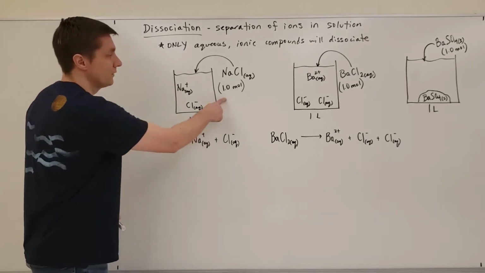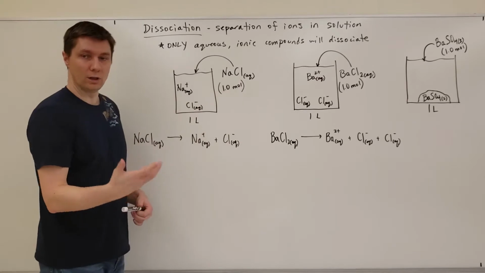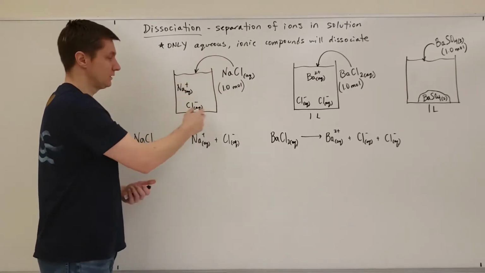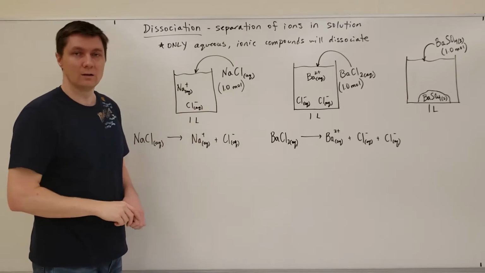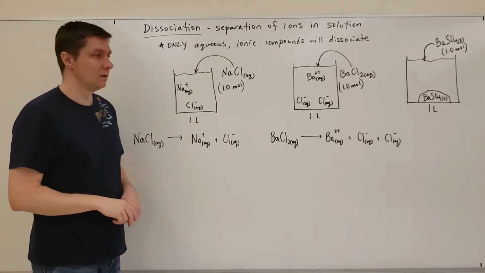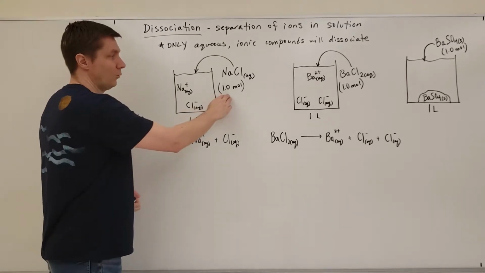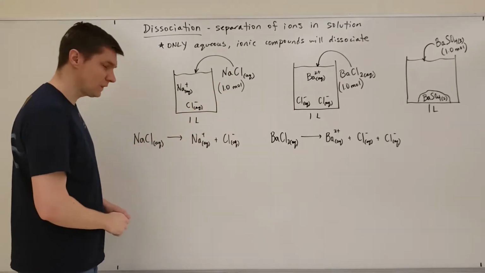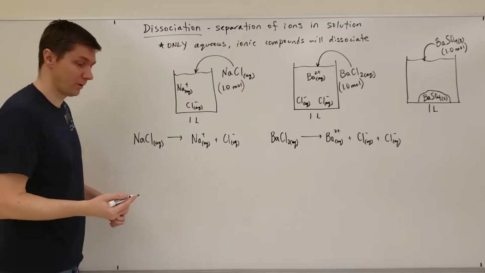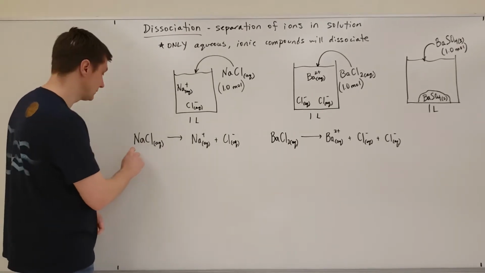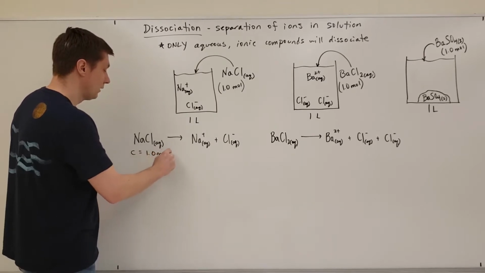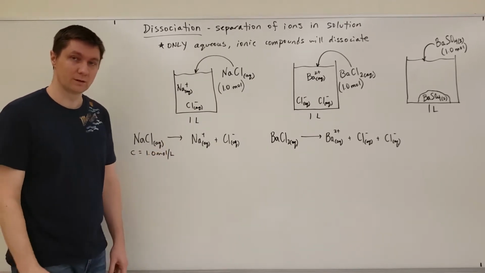Now you'll notice here that if I stick 1 mole of sodium chloride molecules into a beaker that's got 1 liter of water, then I've got 1 mole of sodium chloride per liter. And this is just an amount concentration. You remember calculating these in our previous lessons. And so I can just write the concentration here as 1 mole per liter.